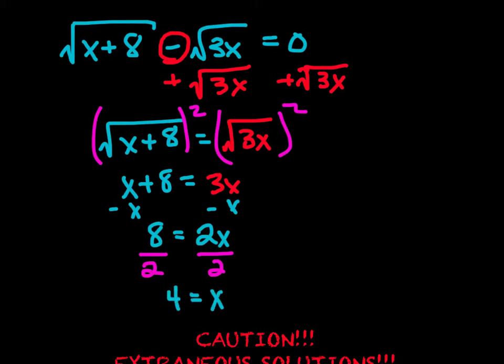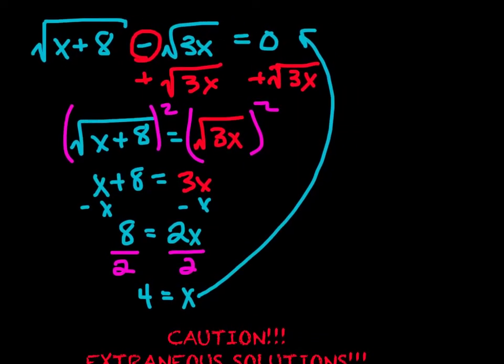So let's actually check and see if this works with our original equation. We want the square root of x plus 8 minus the square root of 3x to become 0 after we do a little bit of our math work. So let's give ourselves a little bit more room. We have the square root of 4 plus 8 minus the square root of 3 times 4 is equal to 0.